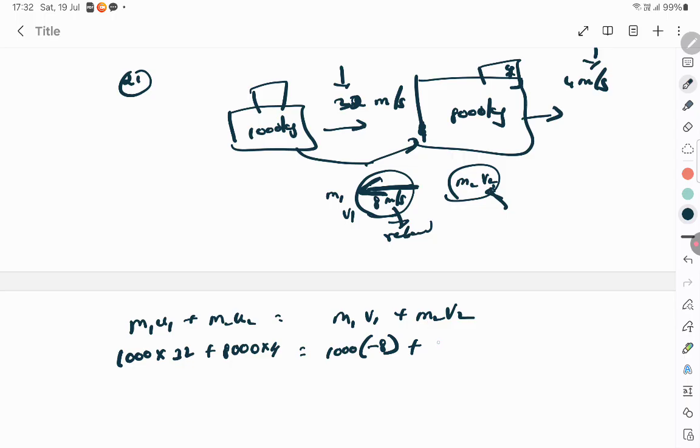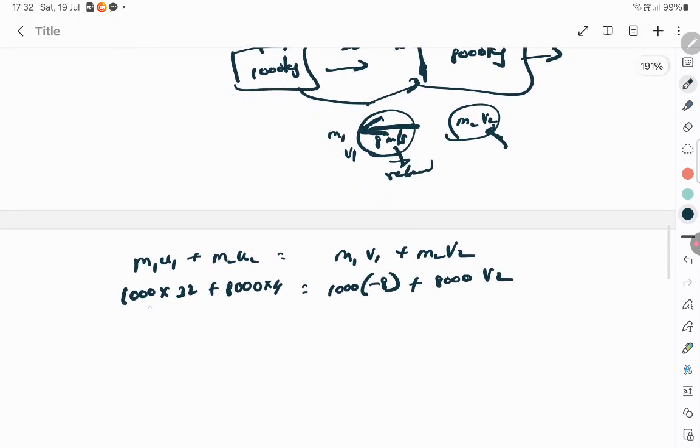Plus m2, which is 8000, but you don't know the final velocity v2. So now you can multiply these and take common.